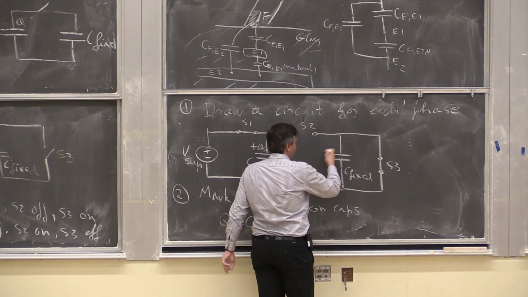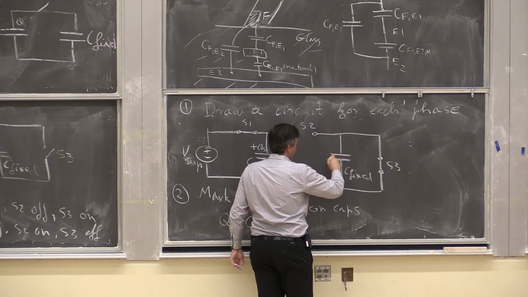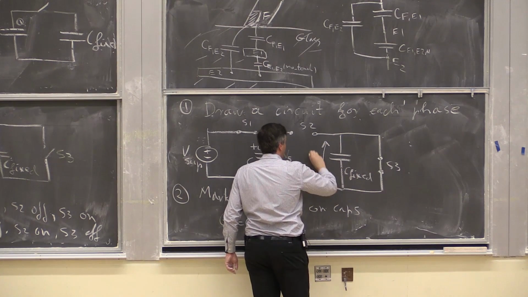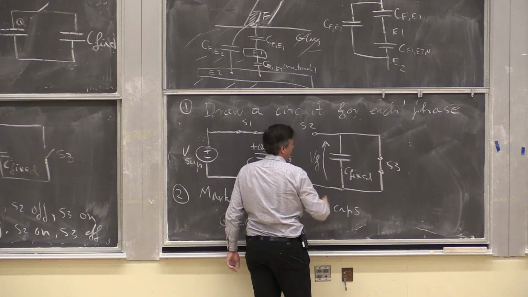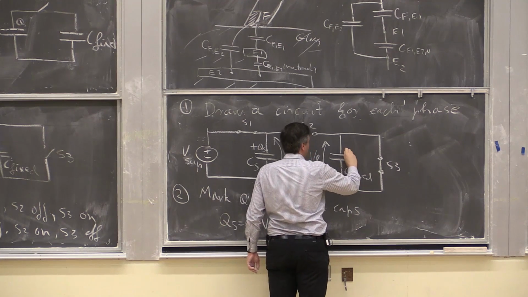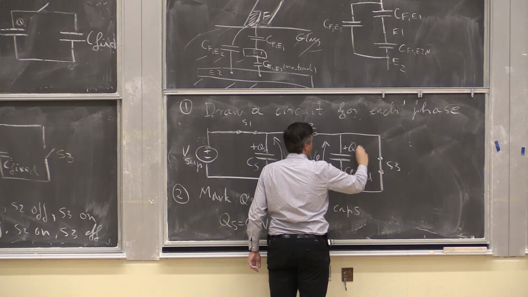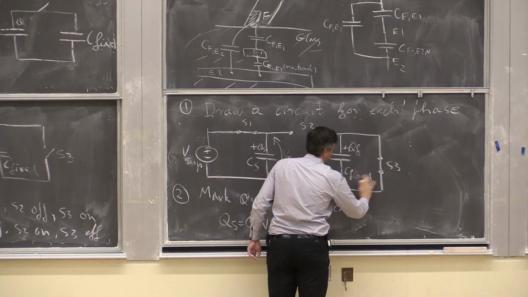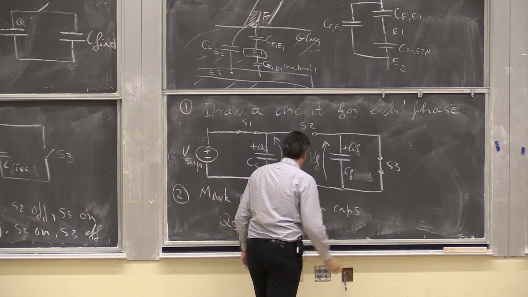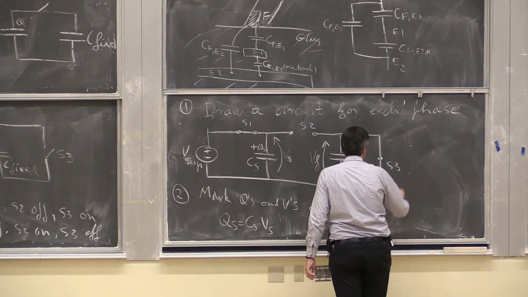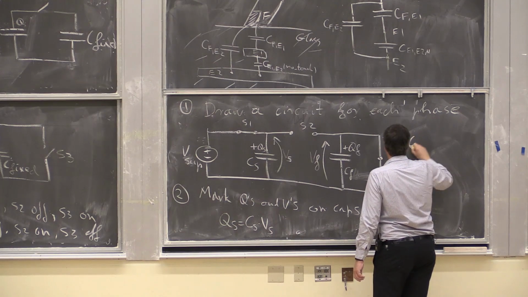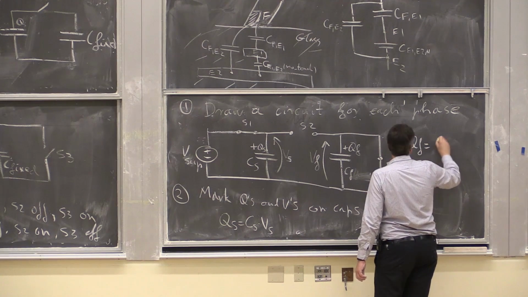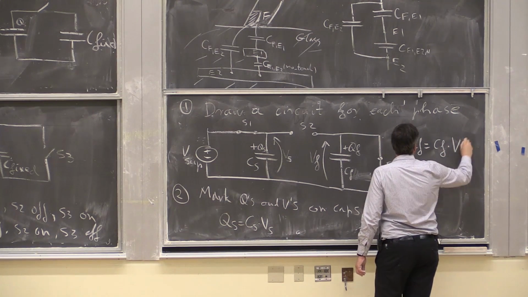Here, let's also mark this voltage VF, right? And then here will be charge QF. Let's call this CF, it's shorter. Okay, so here we're gonna have QF equals CF times VF.